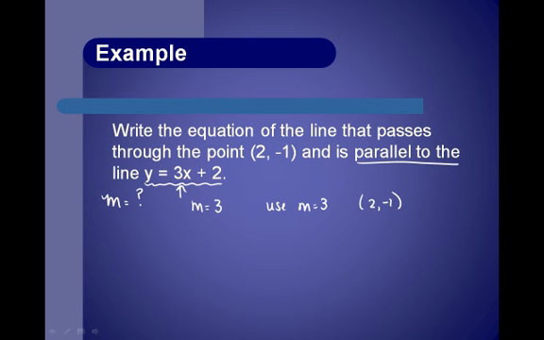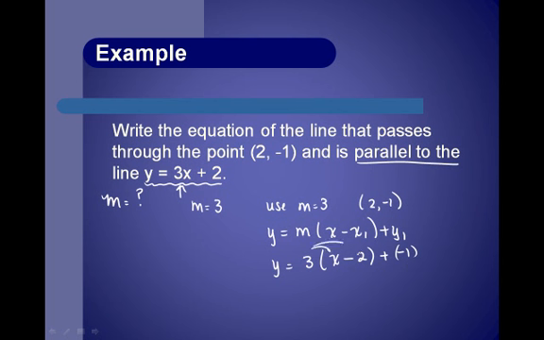So our point slope form says y equals m times x minus the x value plus the y value. So y equals 3 times x minus the x value of 2 plus the y value of negative 1.